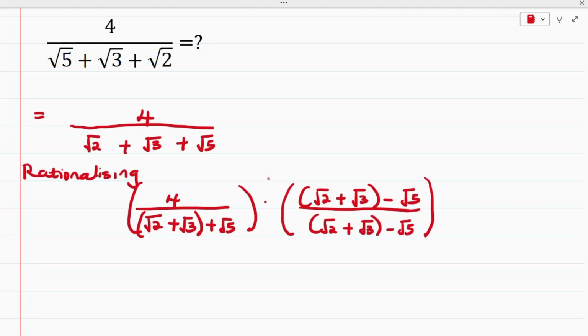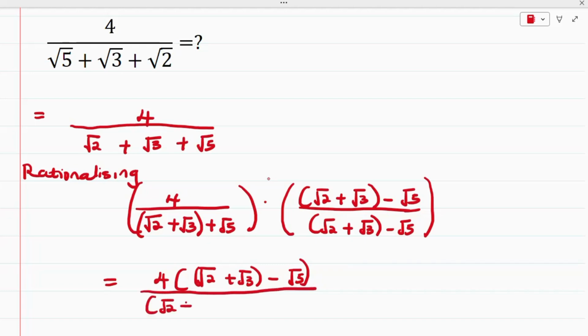So we're going to rationalize this. So we have this to be equal to 4 multiplied by the square root of 2 plus the square root of 3 minus the square root of 5 divided by the square root of 2 plus the square root of 3 plus the square root of 5 multiplied by the square root of 2 plus the square root of 3 minus the square root of 5 right here. So we're going to work with this.